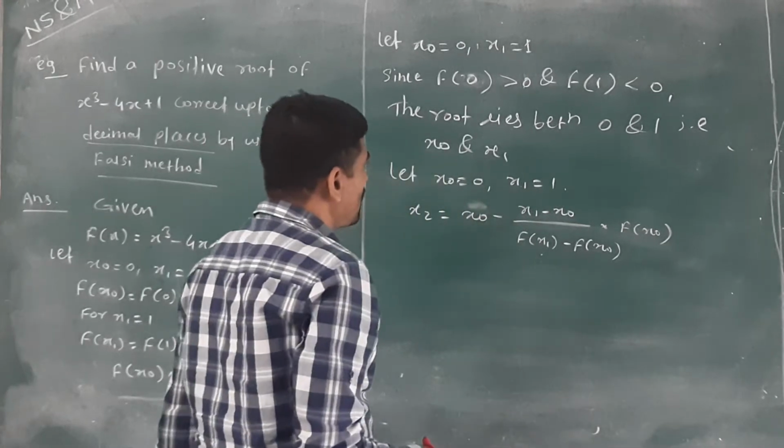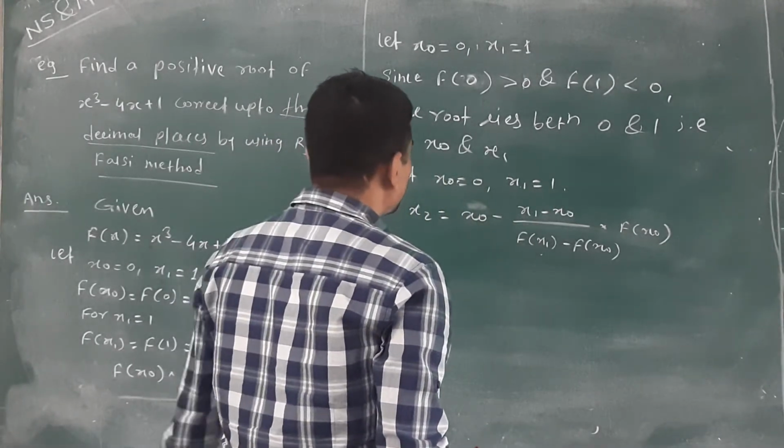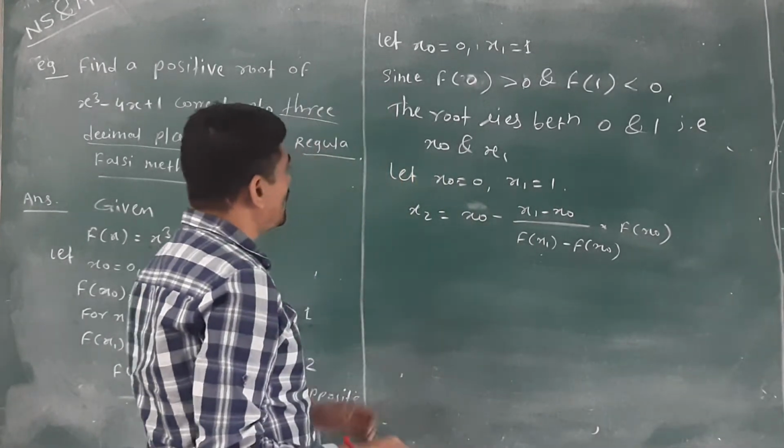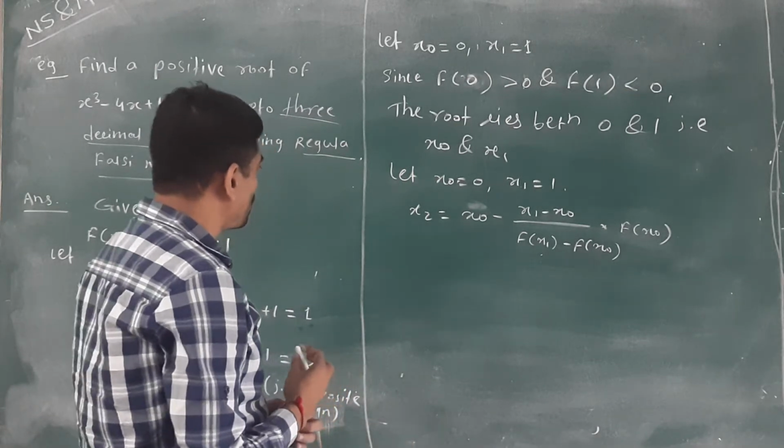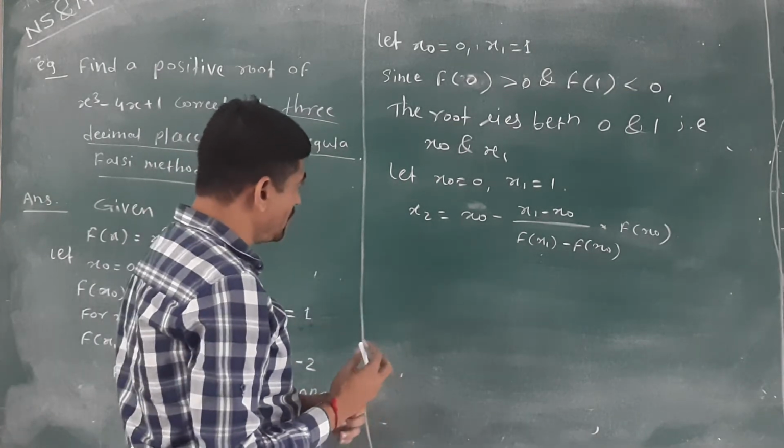This is the formula. You have to remember it and find the value of the next approximation.